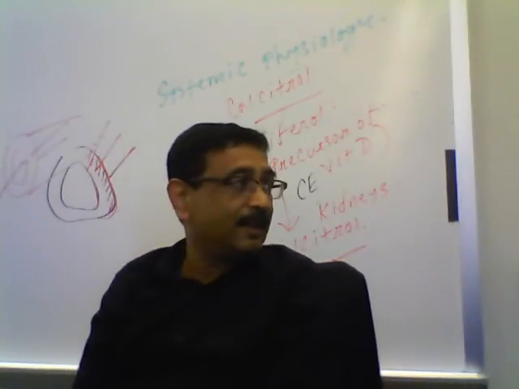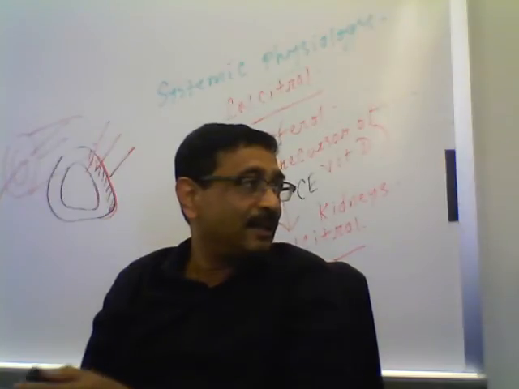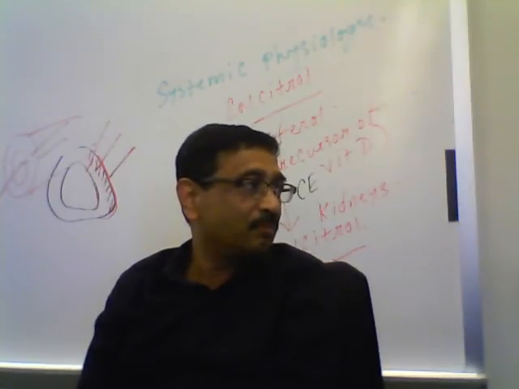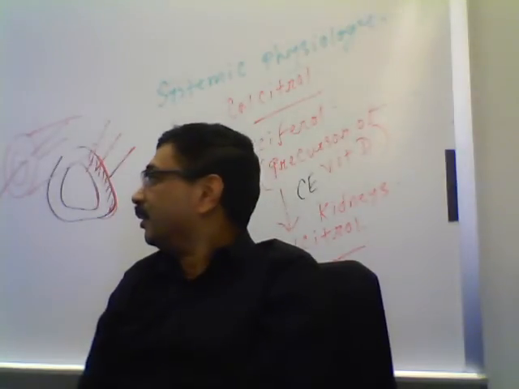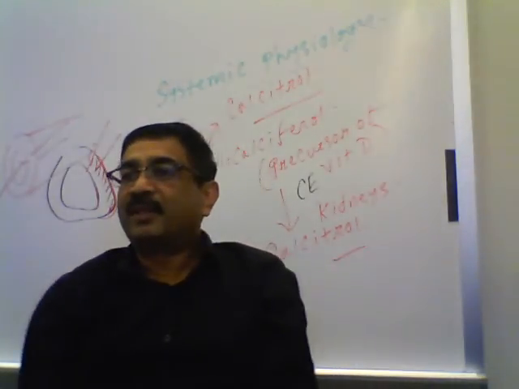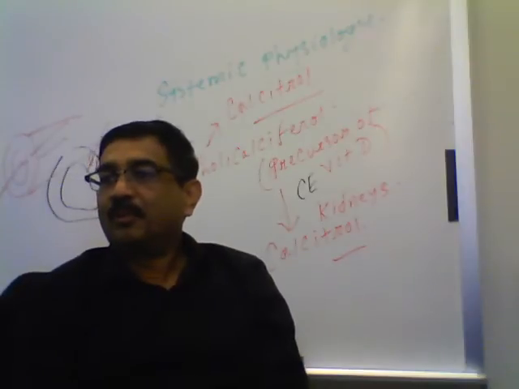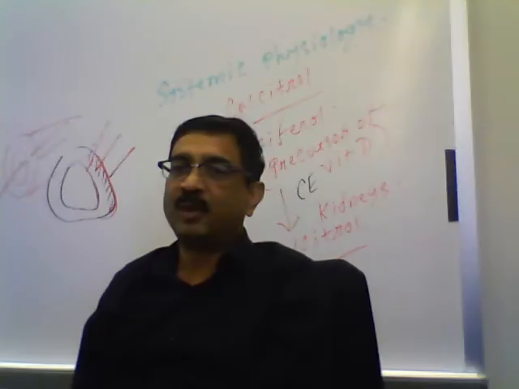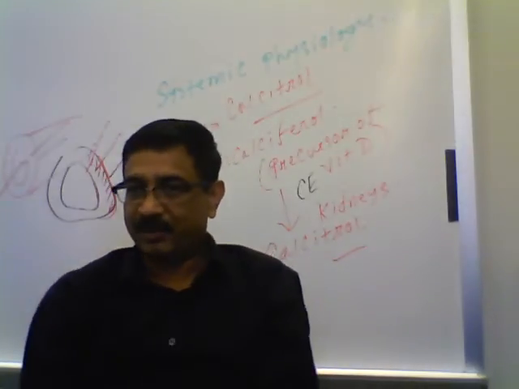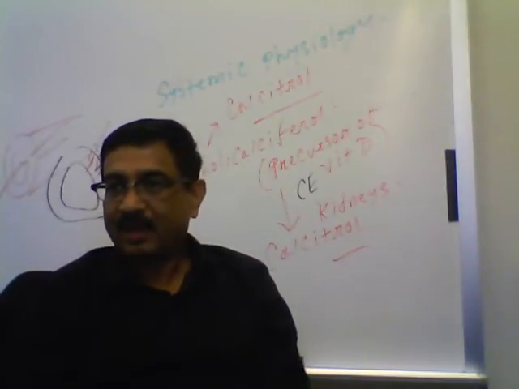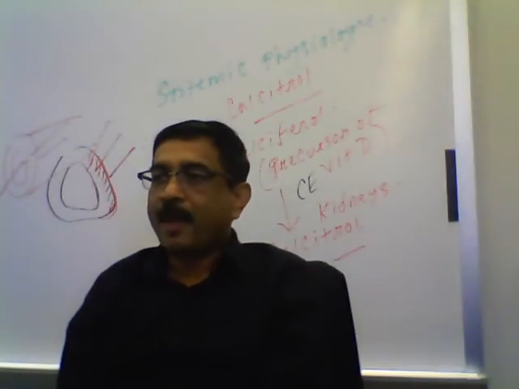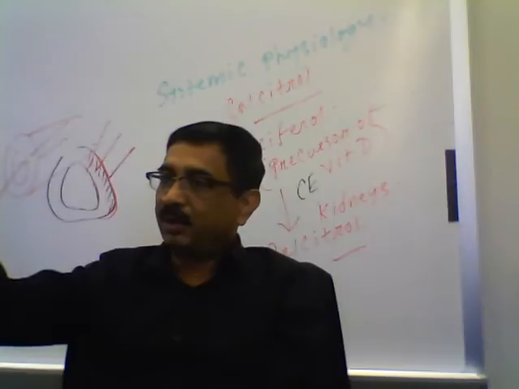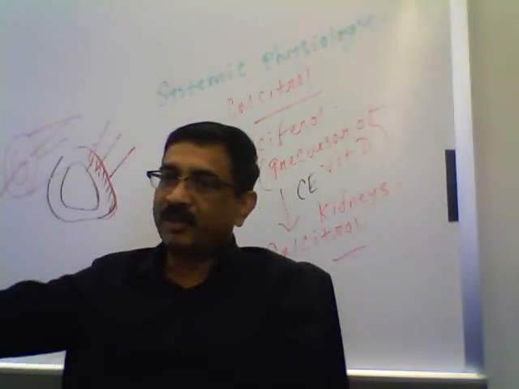Now, next is the nervous system. Nervous system is the most important and powerful system of our body. Why? Because two systems of your body control all body functions.